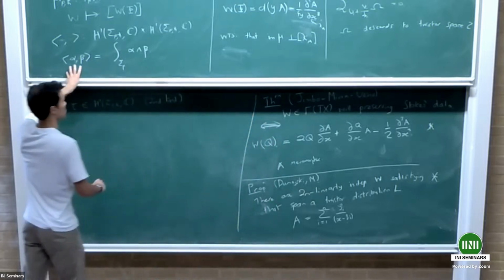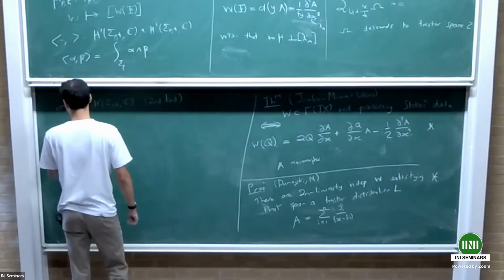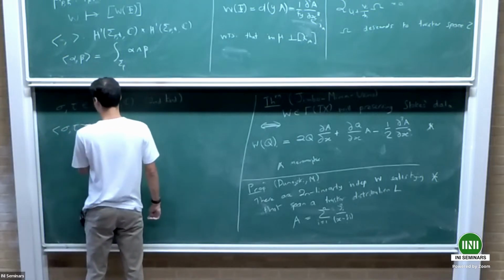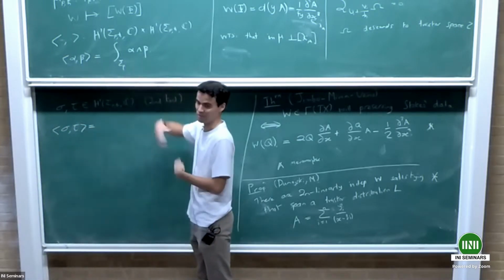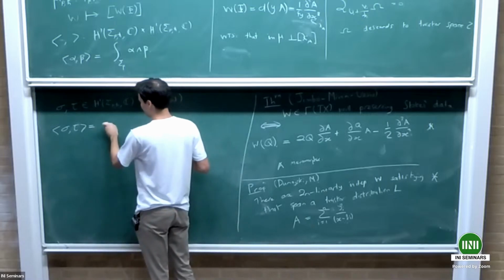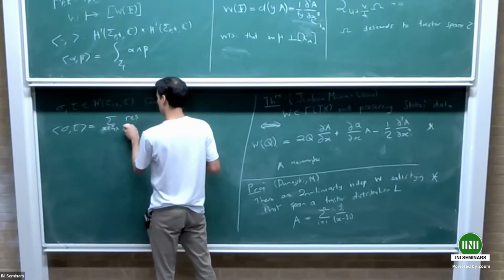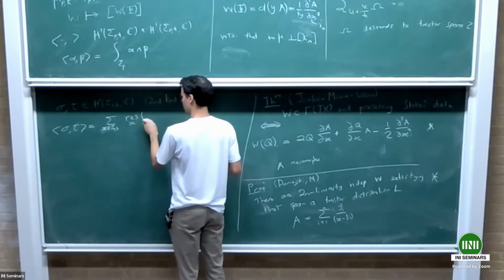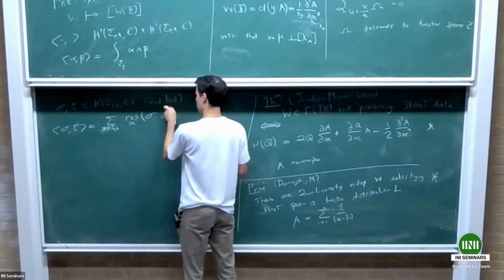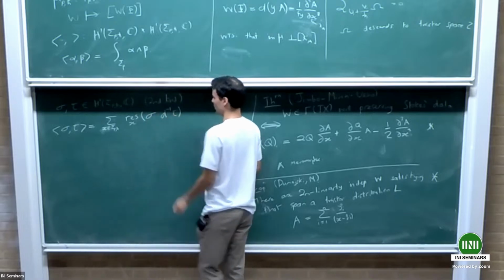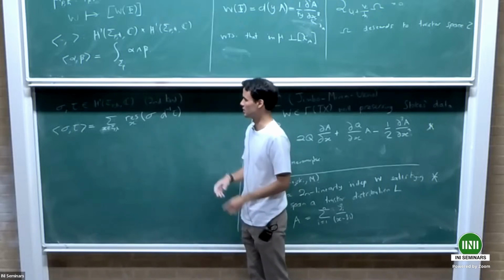Then we use this formula together with Stokes' theorem. So this is a pretty classical way of writing this intersection form with some algebraic thing. So we can rewrite it as a sum of residues.